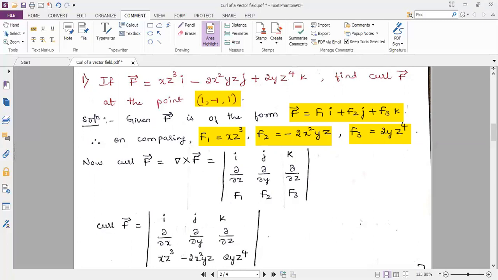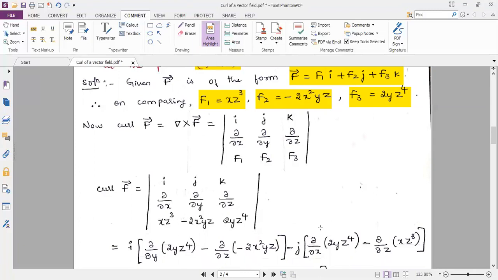Now, we will substitute the values of f1, f2, f3. So we get the first and second rows as they are, i, j, k, dou by dou x, dou by dou y, dou by dou z. Third row, f1 is xz cube, f2 is minus 2x square yz, f3 is 2yz power 4.